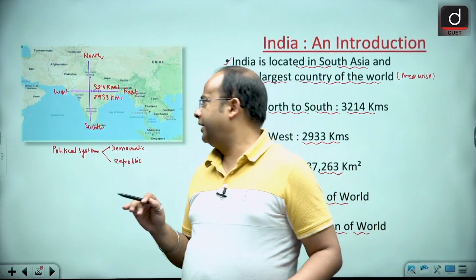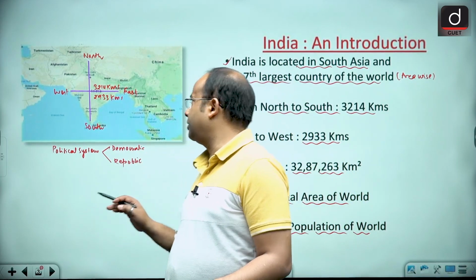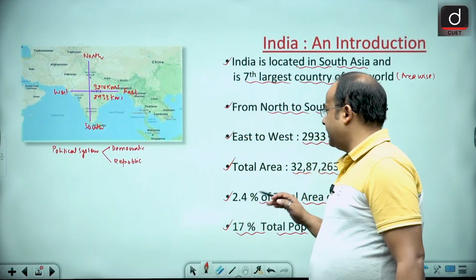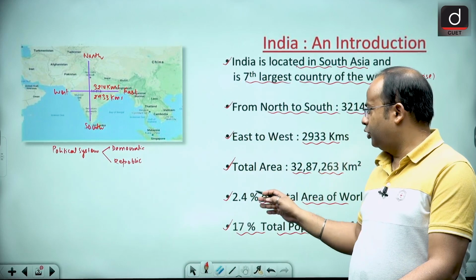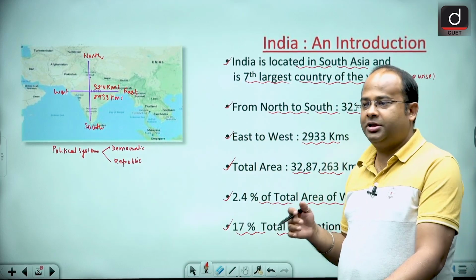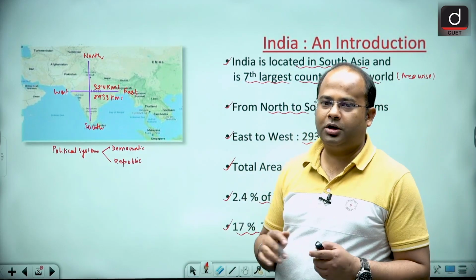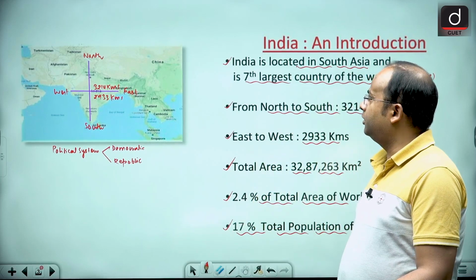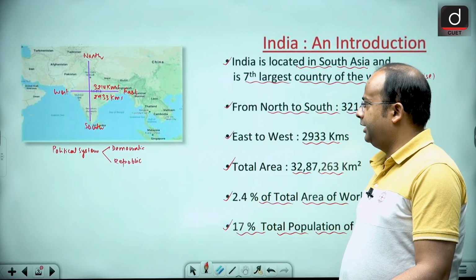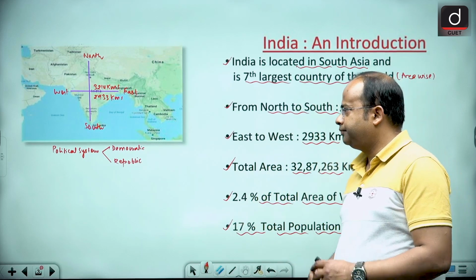Is that clear to all of you guys about the extremities of India plus total area? The total area is just 2.4% of the world's area and we have 17% of the world's population in India. Is that clear to all of you?